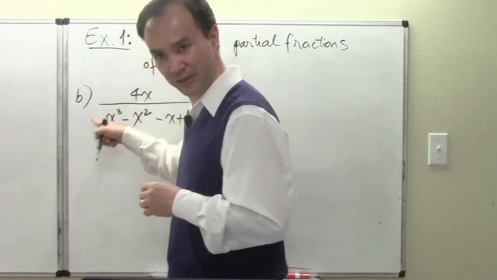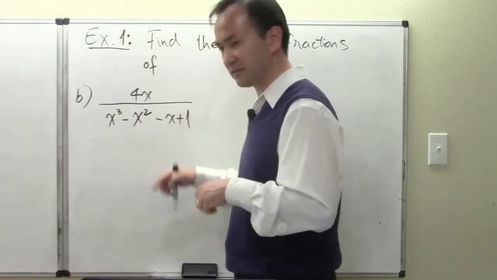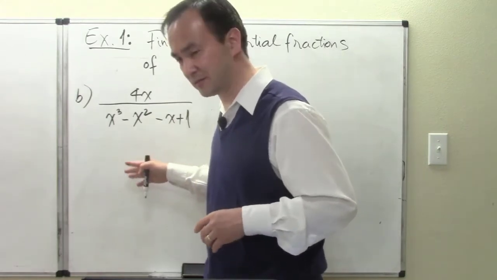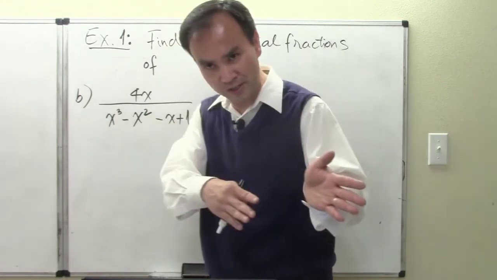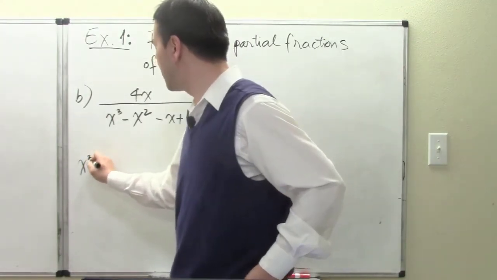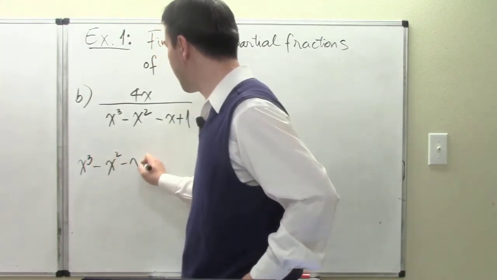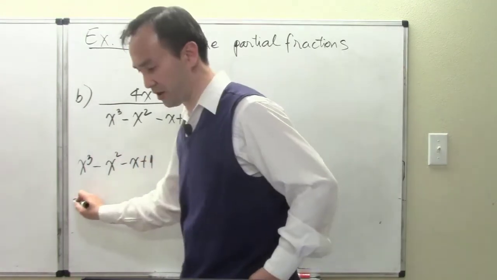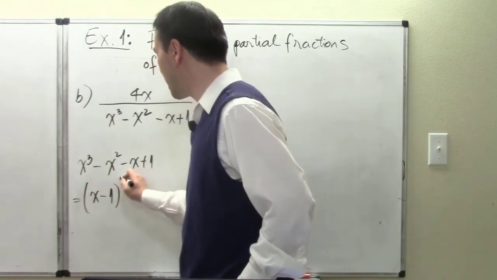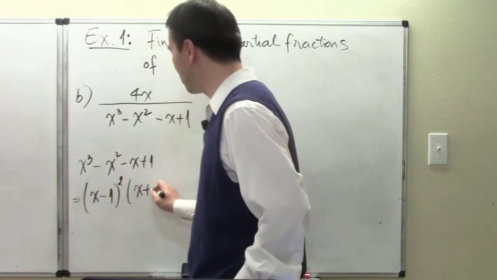We need factoring first. So let's factor, and a lot of the time the factoring work can be placed on scratch work. x cubed minus x squared minus x plus 1 in factored form is (x minus 1) squared times (x plus 1).